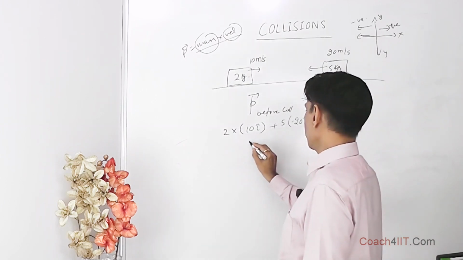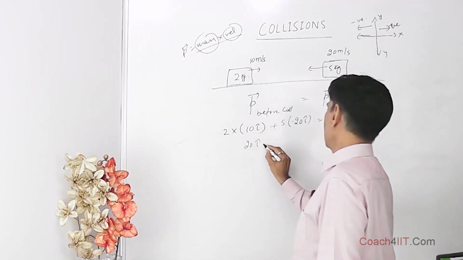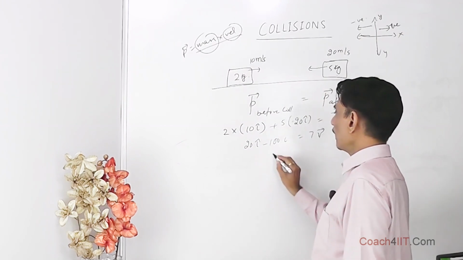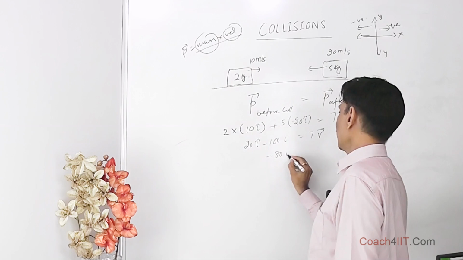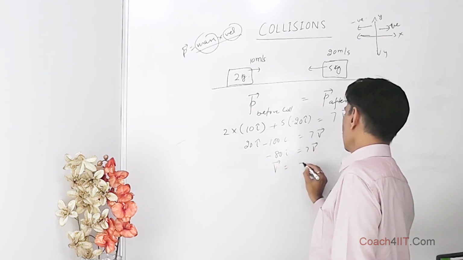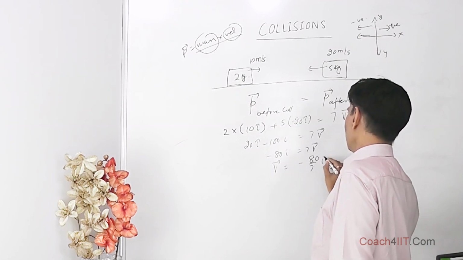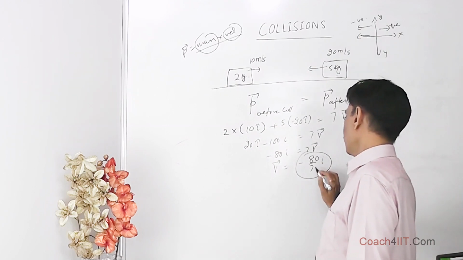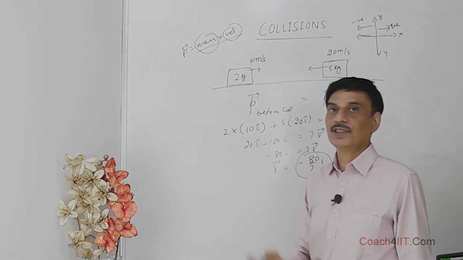So this comes out to be 20i minus 100i is equal to 7V, so minus 80i is equal to 7V. So V comes out to be minus 80 by 7 i, that is, the velocity is going to be 80 by 7 meters per second in this direction. It means the same thing.